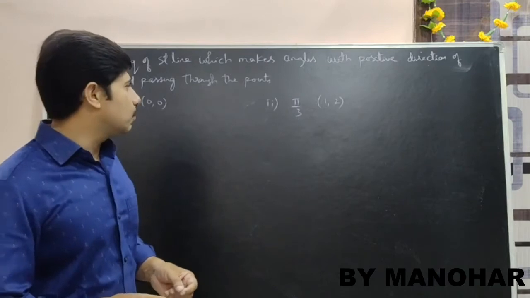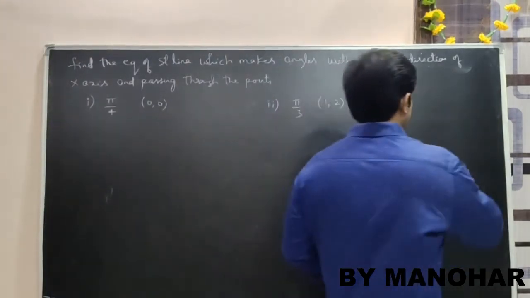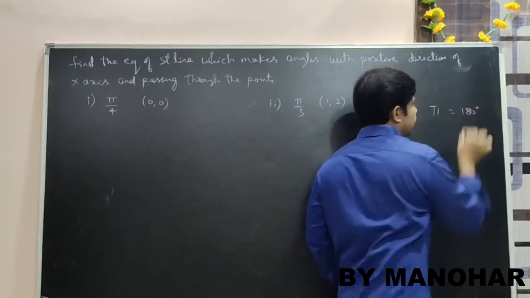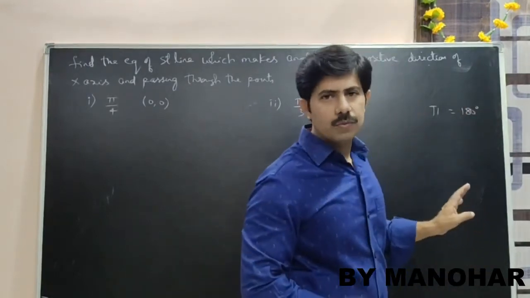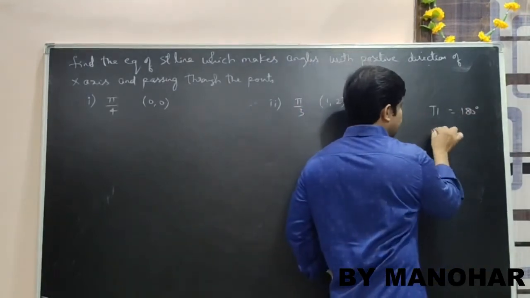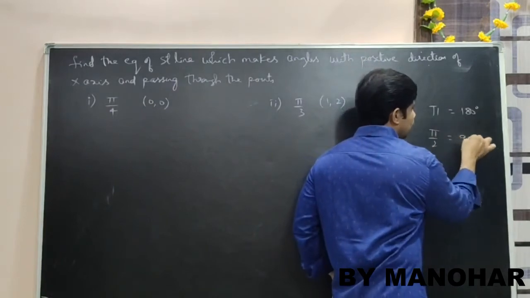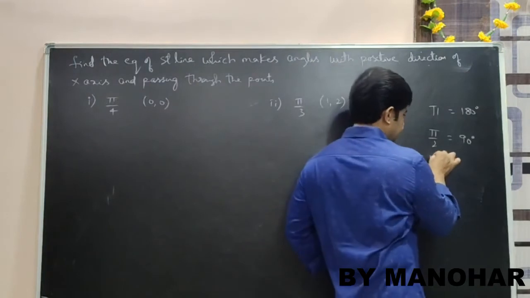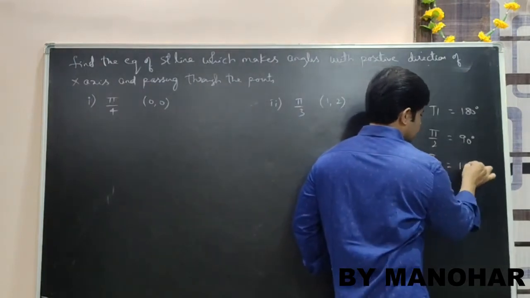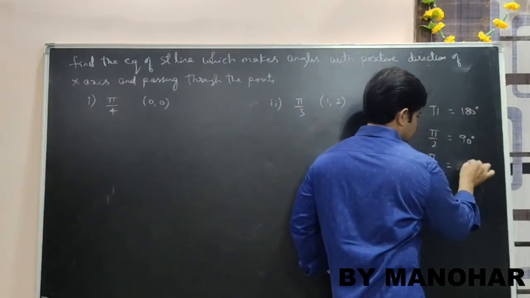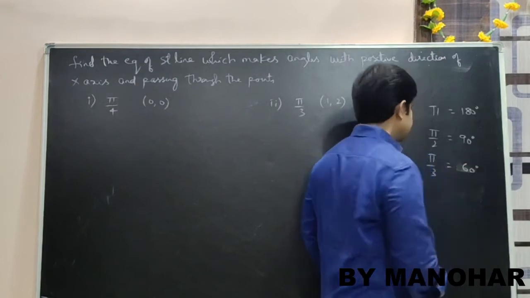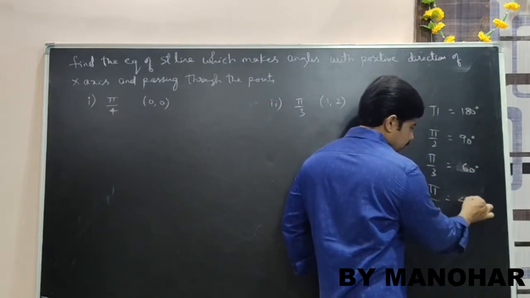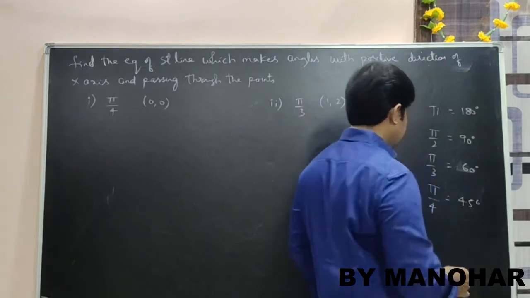So here one more thing is, generally pi radians we take as 180 degrees. If it is pi by 2, 180 by 2 it is 90, and 180 by 3 is 60 degrees, and 180 by 4, that is pi by 4, means it is 45.